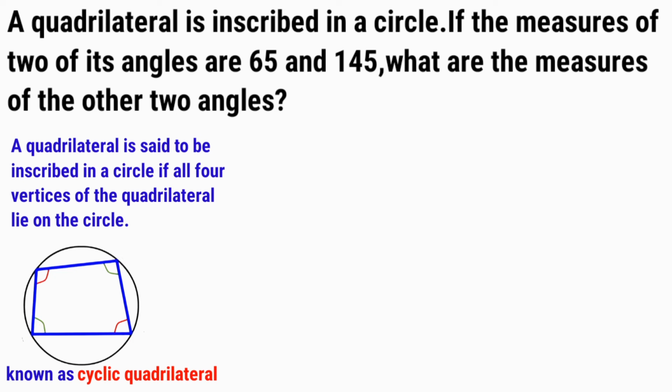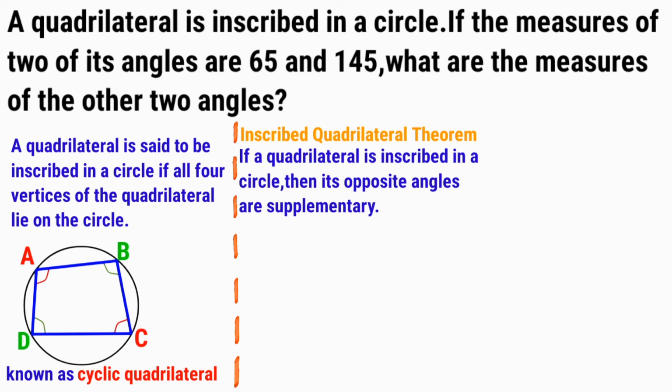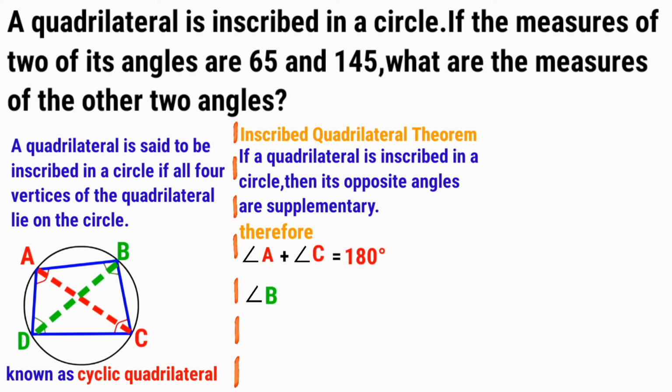Now, let's name our angles A, B, C, and D. The inscribed quadrilateral theorem states that if a quadrilateral is inscribed in a circle, then its opposite angles are supplementary. Therefore, angle A plus angle C is equal to 180 degrees, and angle B plus angle D is equal to 180 degrees.